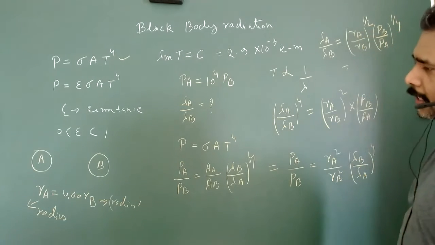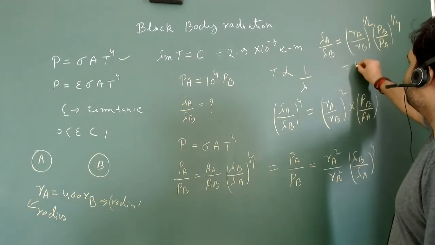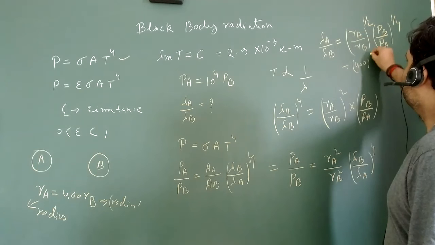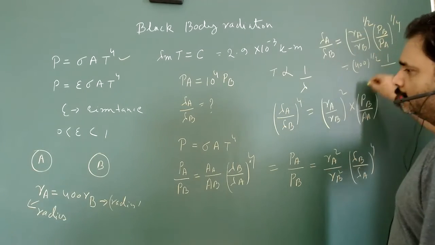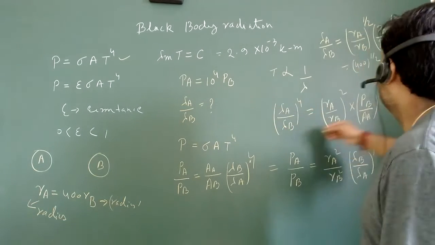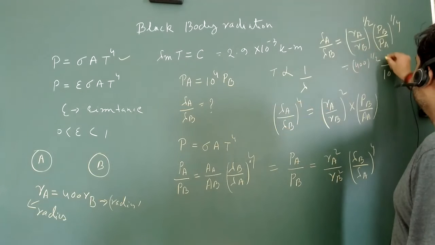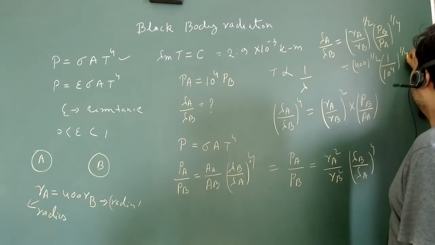RA upon RB is 4, so 4 to the power 1 by 2, and this is 10 to the power 4, to the power 1 by 4.